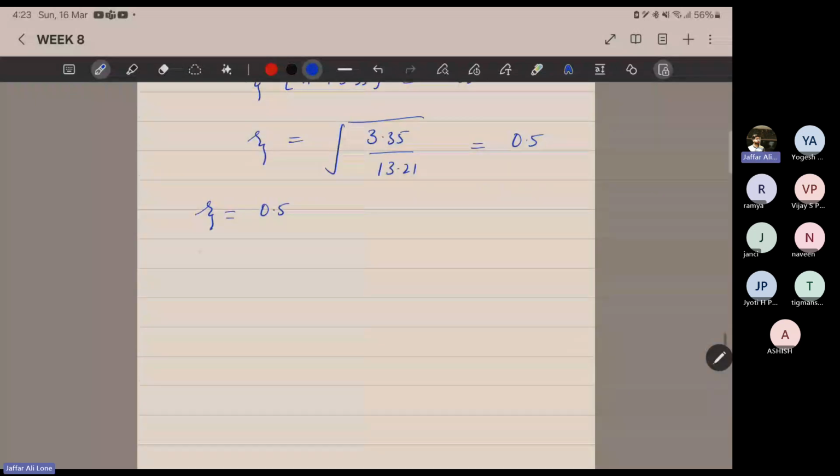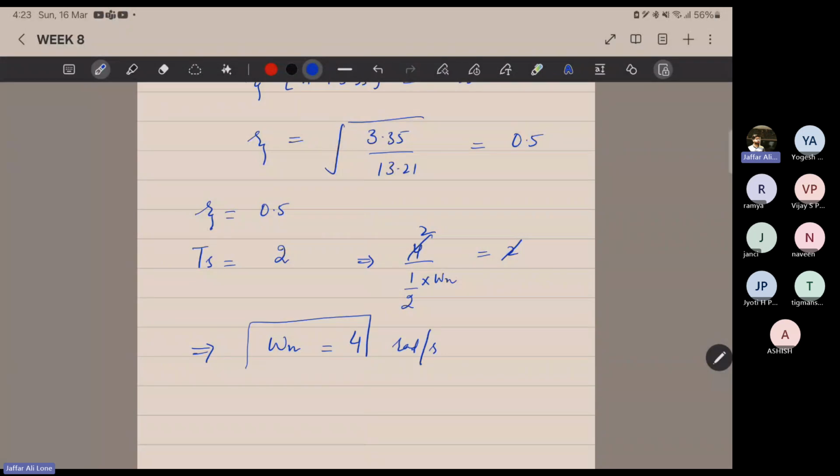Then what is my settling time? My settling time is 2 seconds. It implies 4 over zeta omega n is equal to 2 seconds. It implies my zeta omega n is equal to 2. So my omega n will be 4 radians per second.